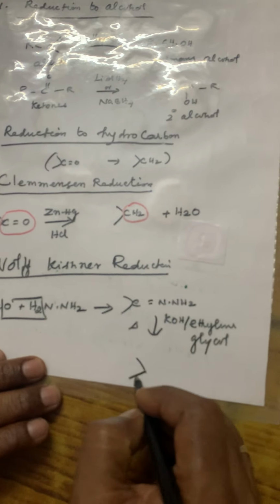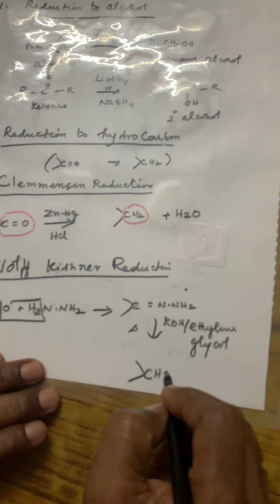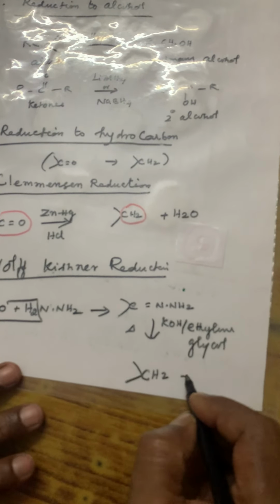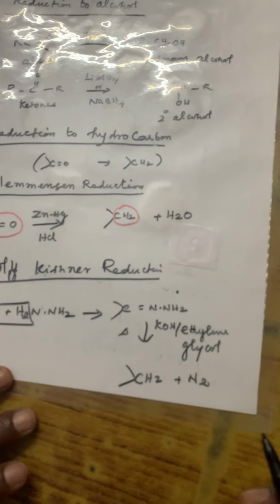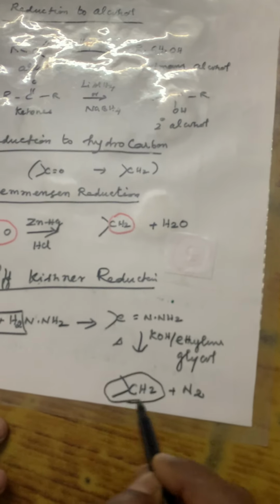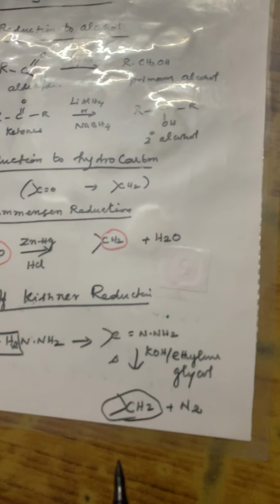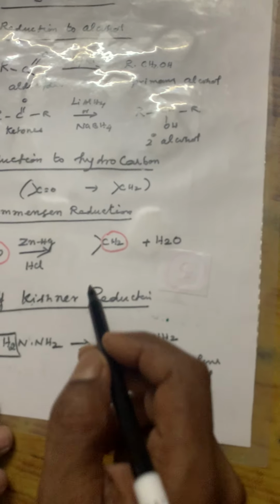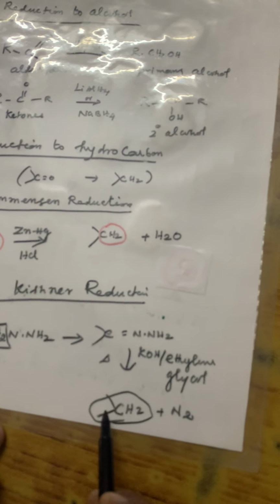It gives CH2 plus N2. In this case also we are getting a hydrocarbon. This reaction is known as Wolff-Kishner reduction.